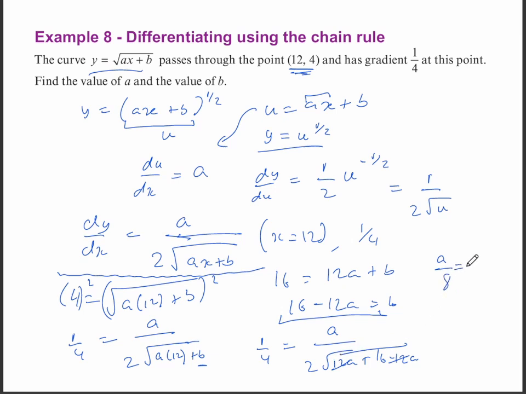So a over 8 is equal to 1 over 4. With that, we get that a is equal to 2. Therefore, b will be 16 minus 12 times 2, so 16 minus 24, which will give us b to be negative 8. So a equals 2 and b equals negative 8. Those are going to be the values of a and b.